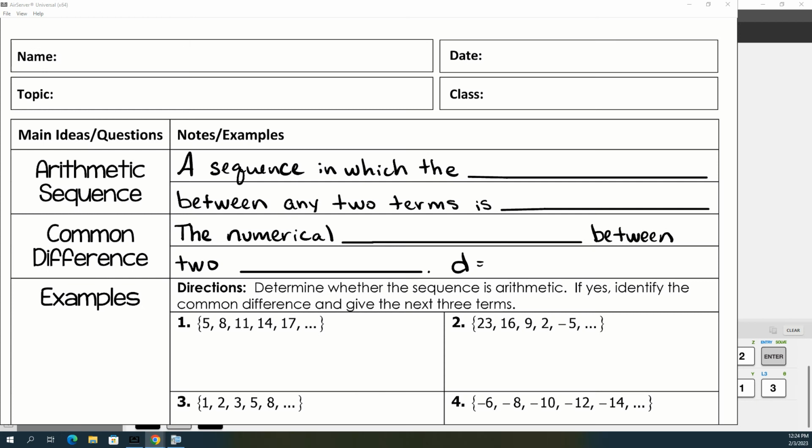All right, so we're going to talk about arithmetic sequences, and I know that word looks like arithmetic, but whenever it is used as an adjective, apparently it's pronounced differently.